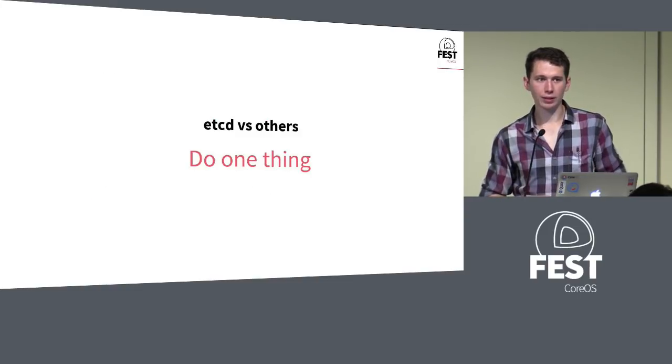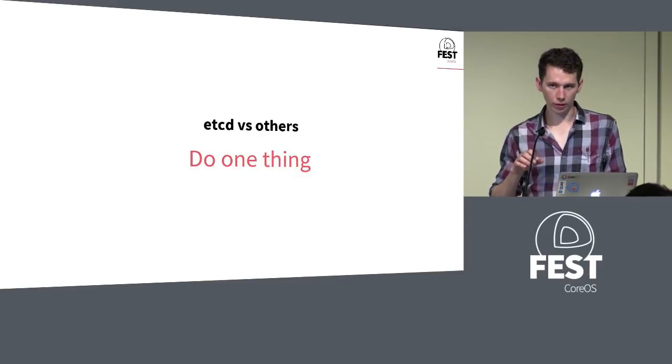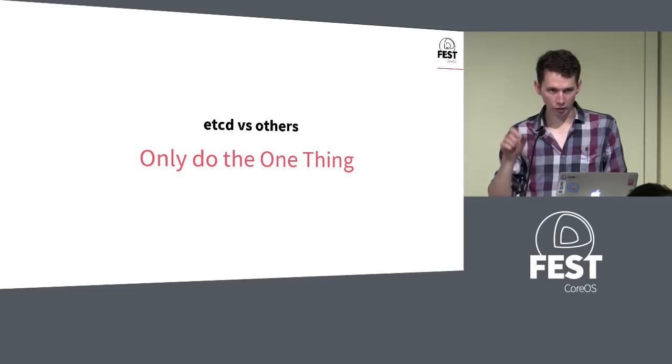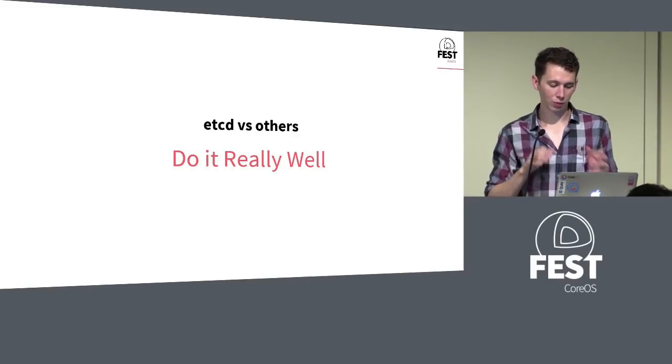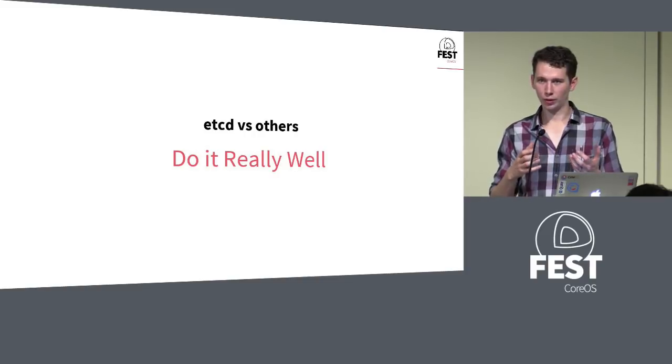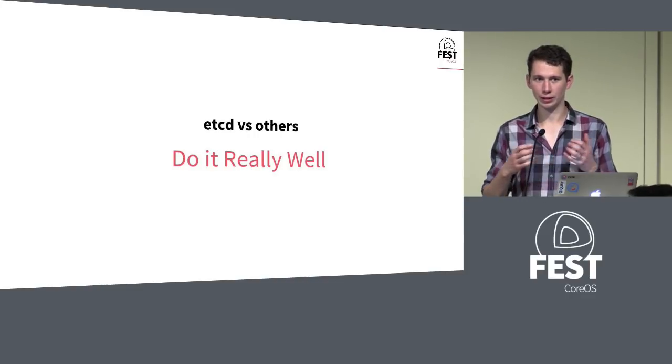So when comparing etcd to other systems of this type, etcd is really focused on doing one thing and only doing one thing, and doing that one thing really, really well. And that's why we don't add a lot of crazy features on top of etcd. You're not going to see etcd with built-in in-process load balancing or DNS or anything like this.